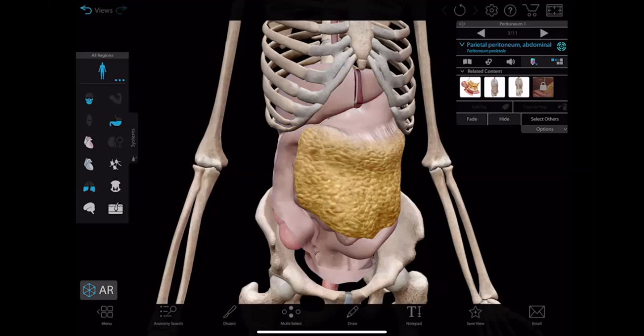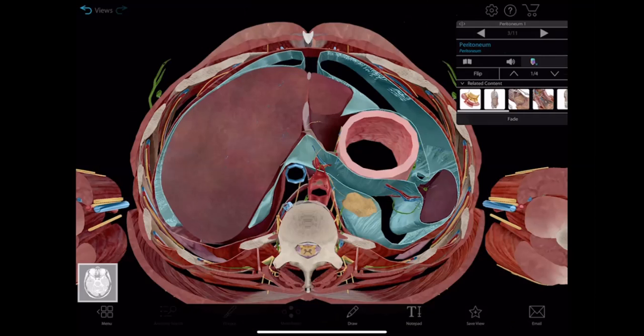And this one is the coronal section, right? So this is the coronal section at the level of T12. So these are the different contents of the abdomen.